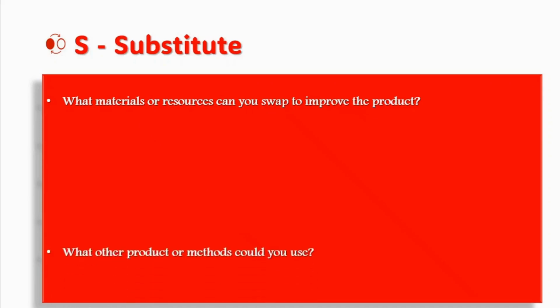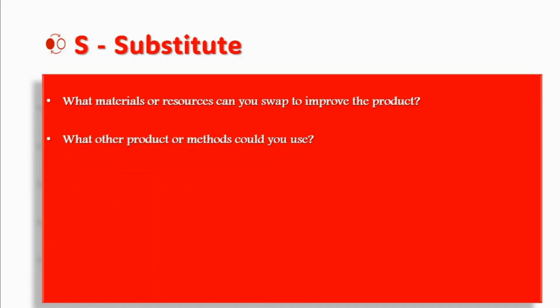Okay, so we'll start with the substitute part. And what is the meaning of substitute? We must try to substitute various elements in a product so that we can have a new flavor in that particular product. While using this terminology, we can ask various questions. What materials or resources can you swap to improve the product? What other products or methods could you use or substitute?